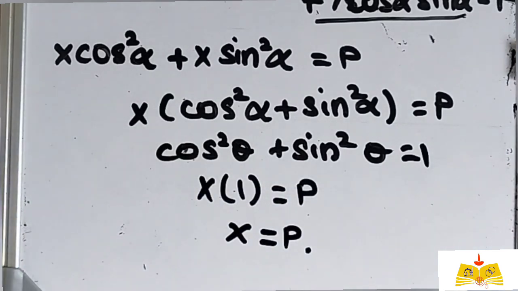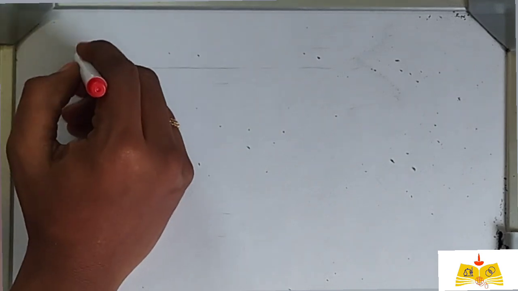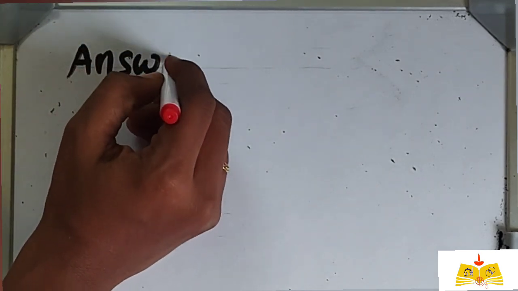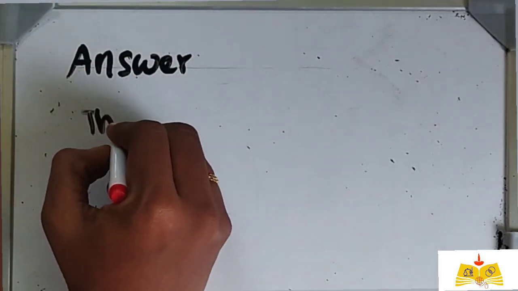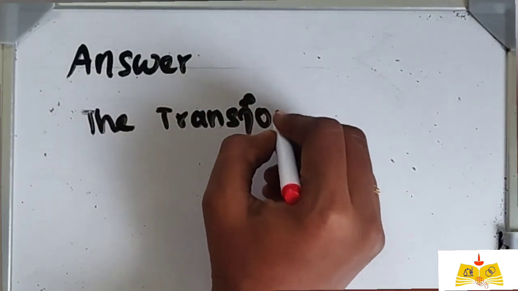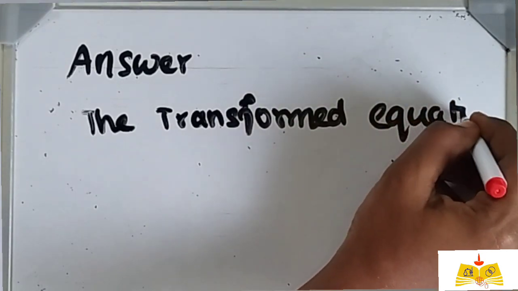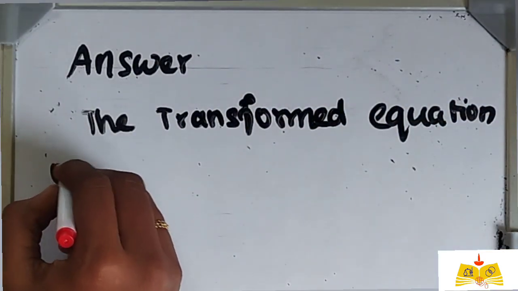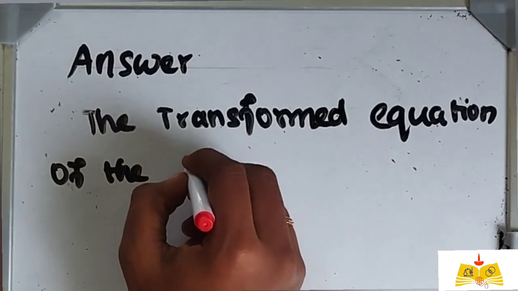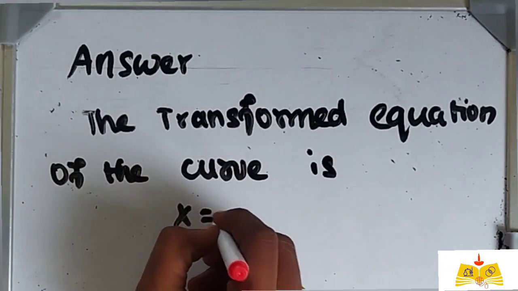From this we know the transformed equation of the curve is x equals p. So we can clearly write the answer: the transformed equation of the curve is x equals p.